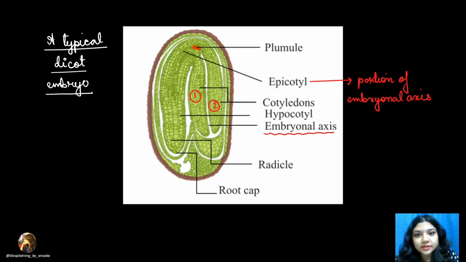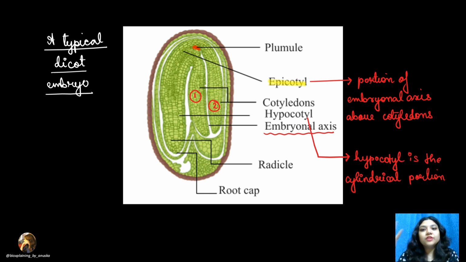This is termed as the epicotyle. Okay, so portion of the embryonal axis above the cotyledons, that is the epicotyle. And where it will terminate? It will terminate at the plumule, and this plumule is what you call to be the stem tip.